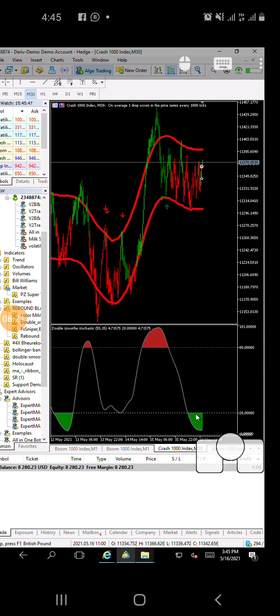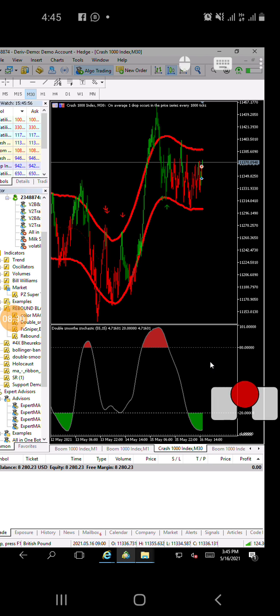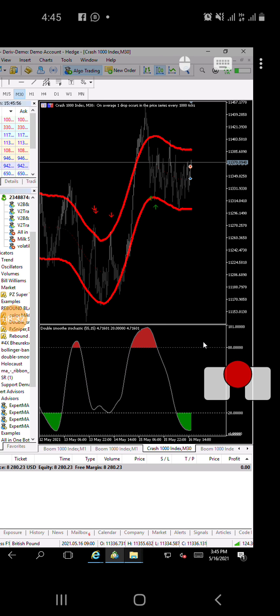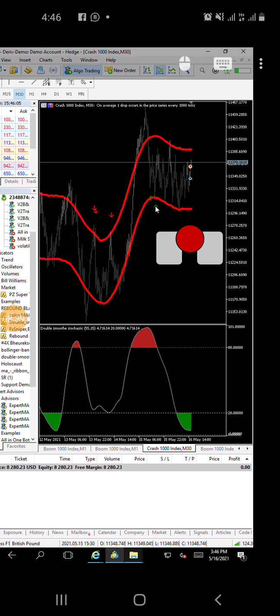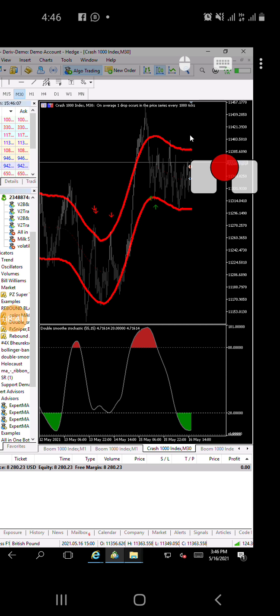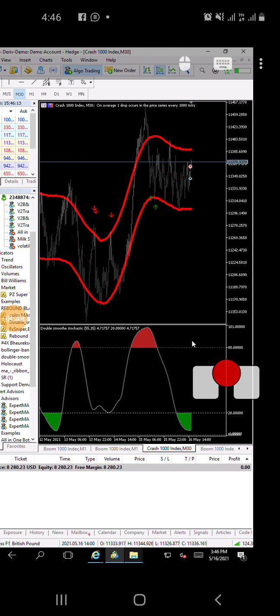So for us to get our downtrend, the line here must go up like this and be forming red here, and the red arrow must pop up here. Immediately the arrow pops up and the red is forming, you just turn on your robot for the Crash 1000.